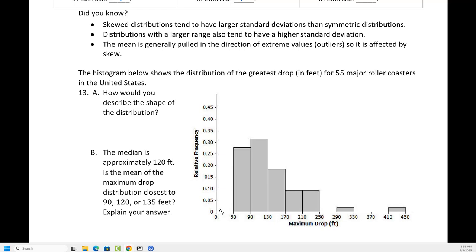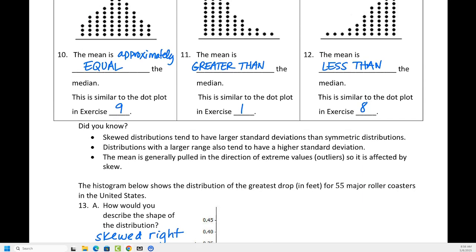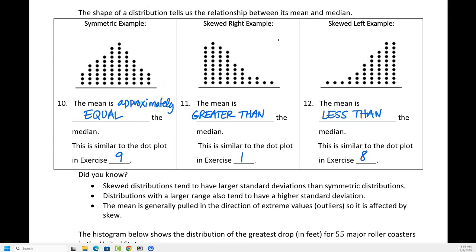Do you agree, skewed right? So what does that tell me about the mean if it's skewed right? Just out of curiosity, skewed right, the mean will be greater than the median, right?